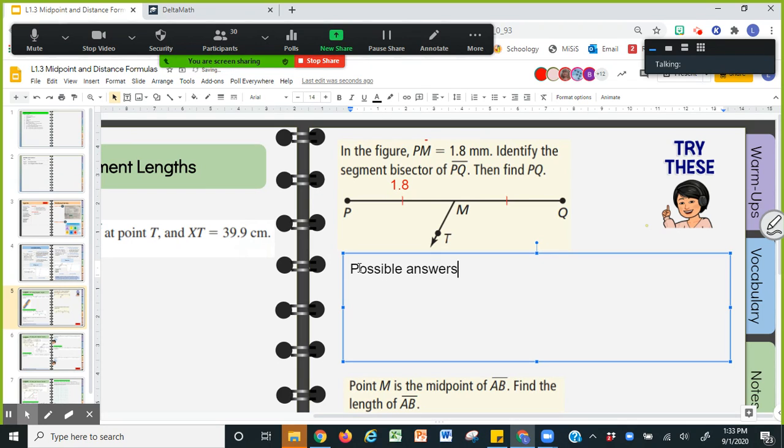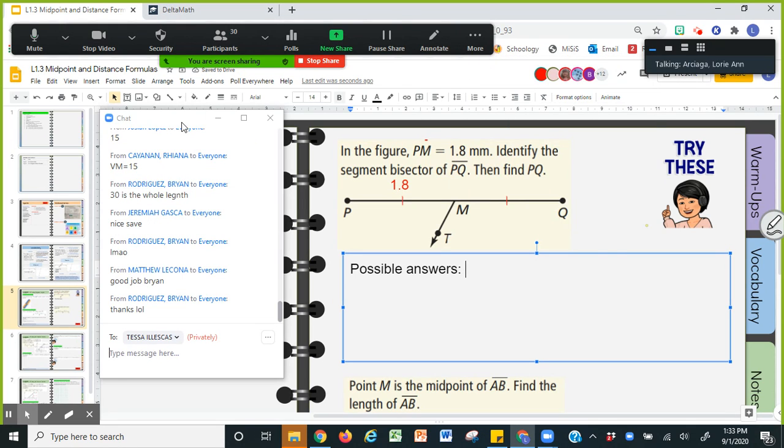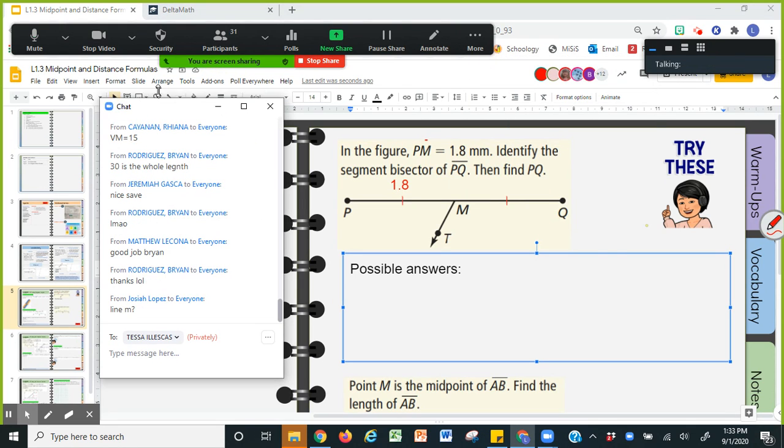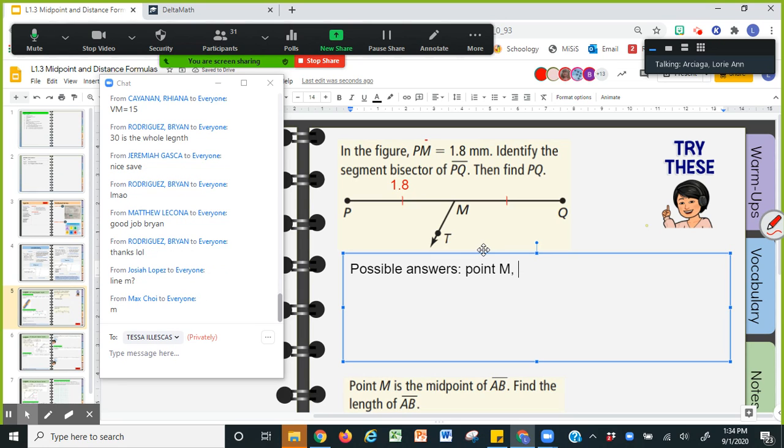I'm going to wait in the chat. Remember, a bisector could be anything or the midpoint itself. Okay, so the midpoint is M, right? So that's one possible answer. But what else contains, very good, yep, M, point M, cool.